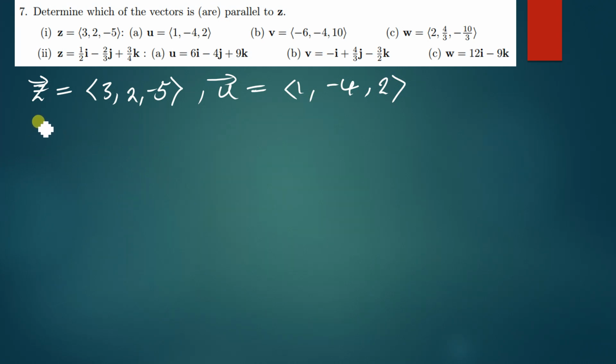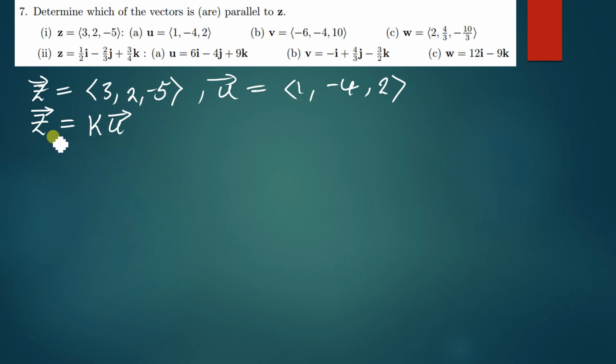Remember what I said, if two vectors are parallel, so if Z is parallel to U, then Z is going to be equal to KU.